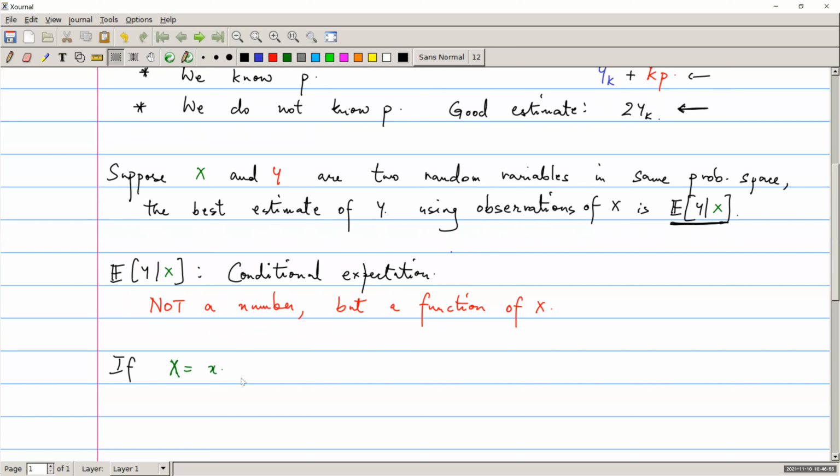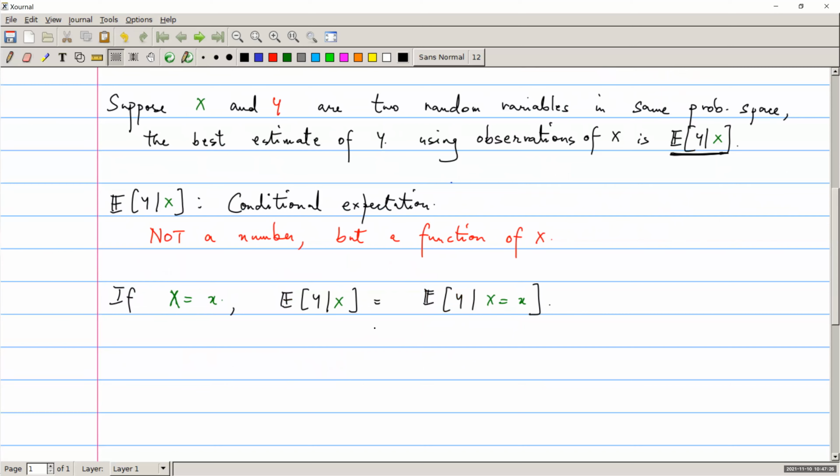Conditioned on this event, this is the sum over all possible values Y can take, of y times the conditional probability that Y equals little y given X.